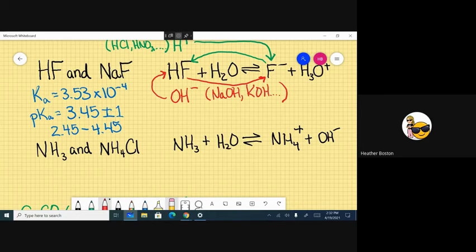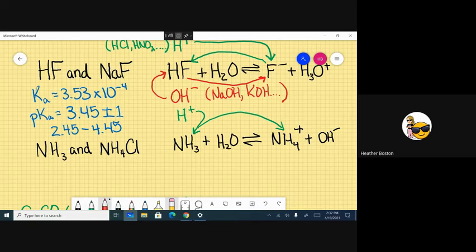Again, if we add H plus in here in the form of a strong acid, the H plus and the ammonia will find each other. So instead of plummeting the pH, instead we will form more ammonium ion, and it won't affect the pH nearly as much.